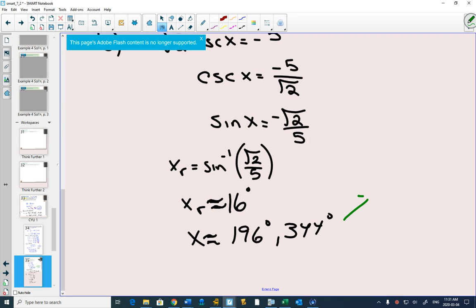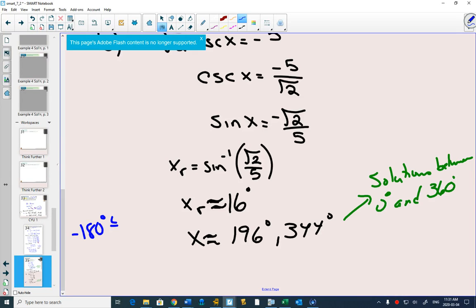And again, I'm going to write this note: these are solutions between 0 degrees and 360 degrees, because that's one time around. What was the domain that they gave us? They gave us from negative 180 to 180. So what is that going to be?